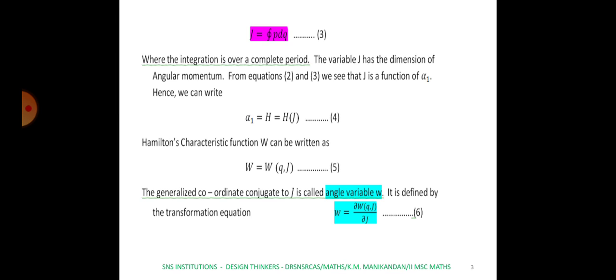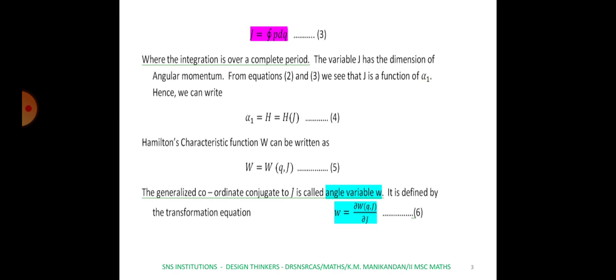Now the generalized coordinate conjugate to J is called the angle variable, small w. Actually what we are finding is a generalized coordinate which is conjugate to the action variable J, and this is called the angle variable w.